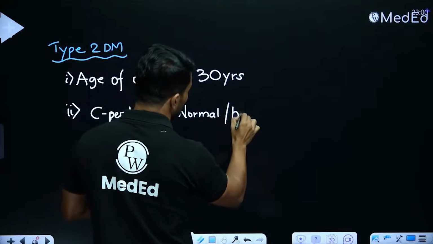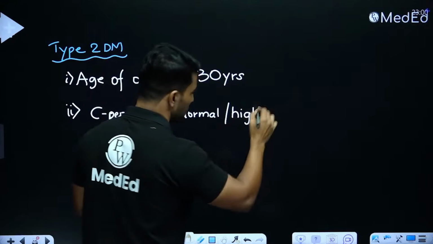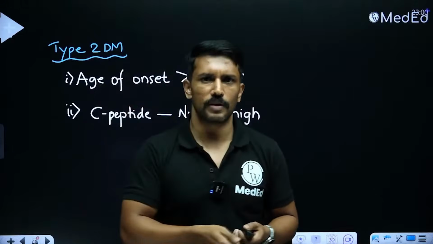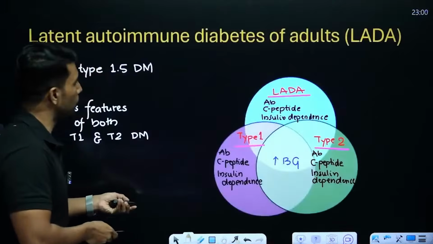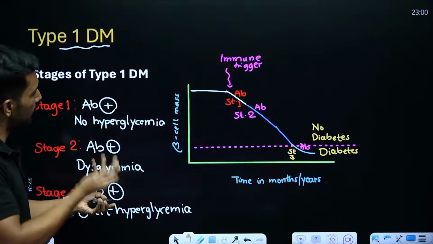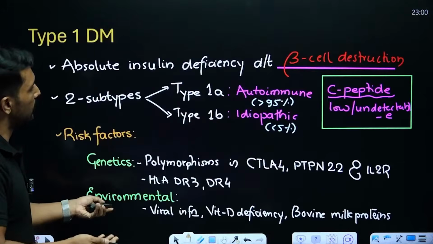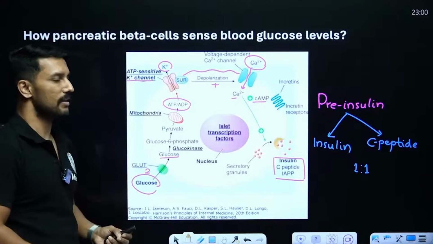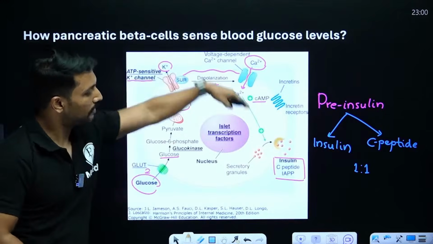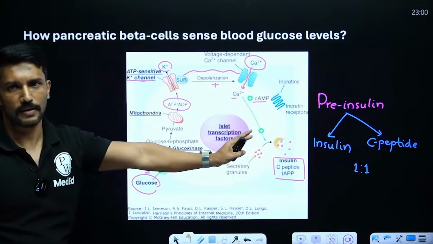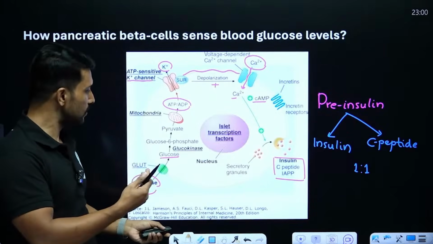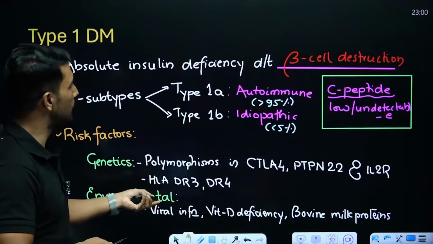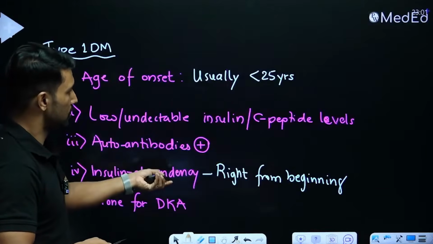Because whenever there is resistance to the action of insulin, what should beta cells do? Blood glucose level is going high. Insulin is not able to work. So blood glucose level is going high. And as the blood glucose level goes high, more and more glucose enters the beta cells, which will stimulate more insulin release, right? So in response to resistance, there will be more insulin production. So we can have hyperinsulinemia because of the resistance.